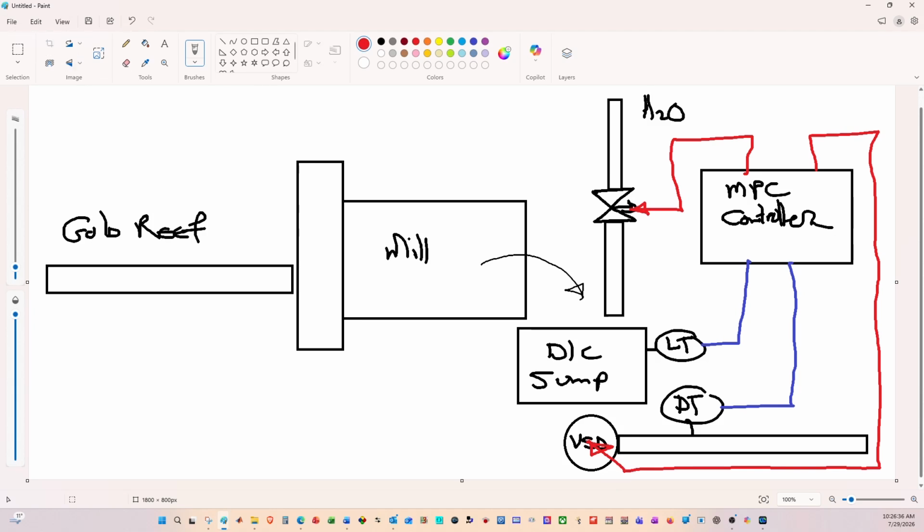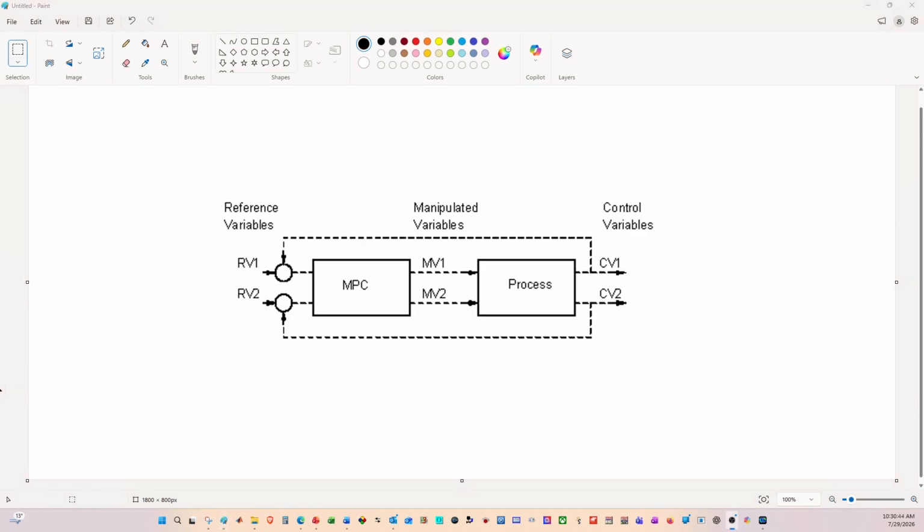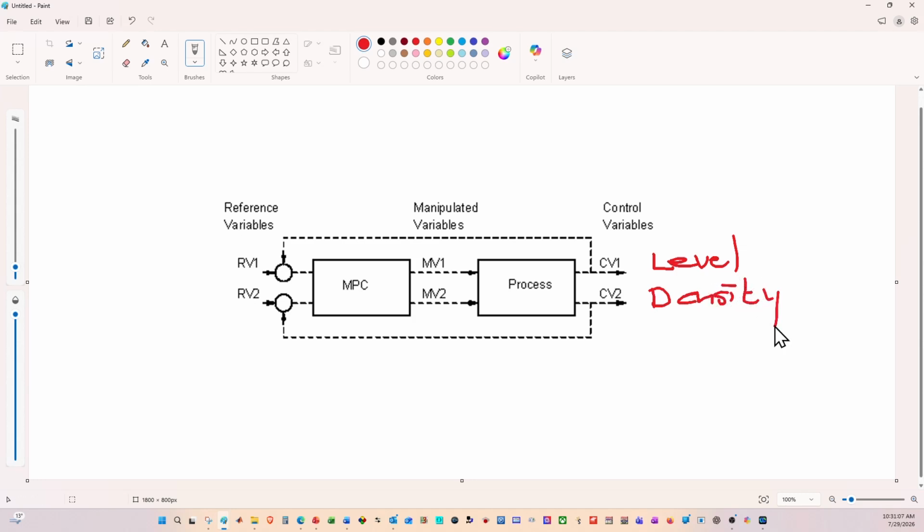Now let's take it one step further and show you what the block diagram is going to look like. We now have the whole process with the MPC controller. Imagine if you could have the process sitting over there, and from that process we are measuring the level of the discharge sump, and we are measuring the density of the product that gets pumped away.